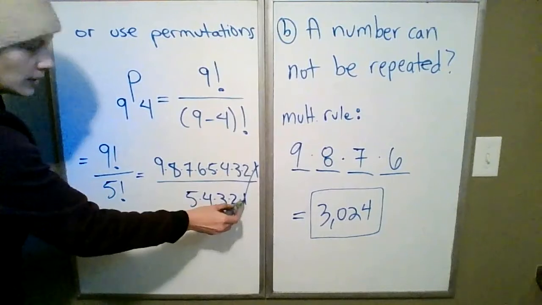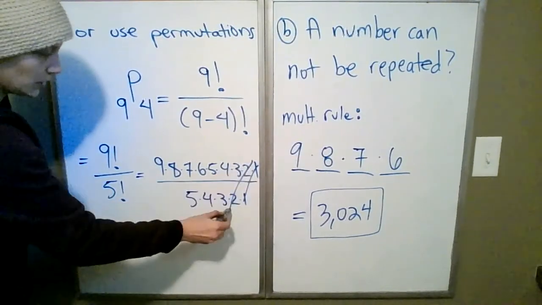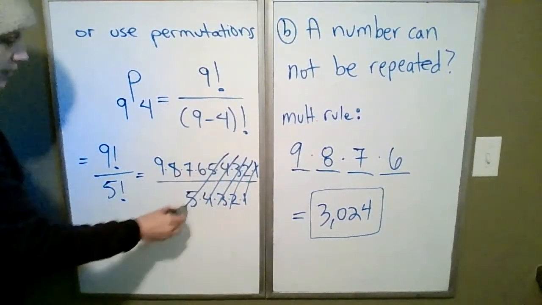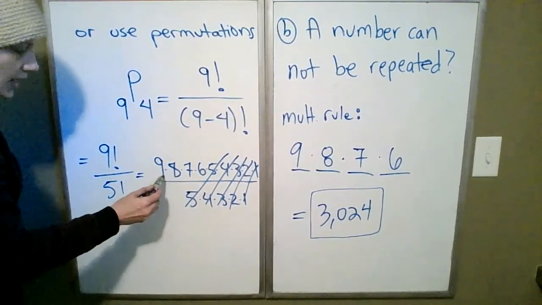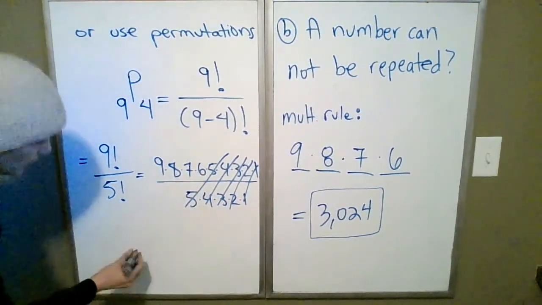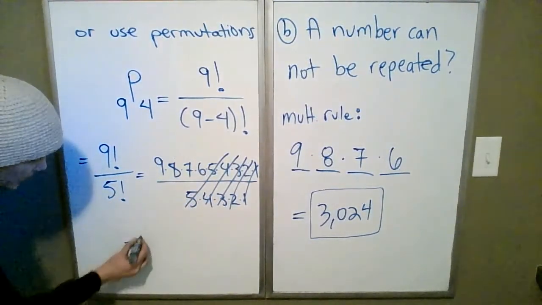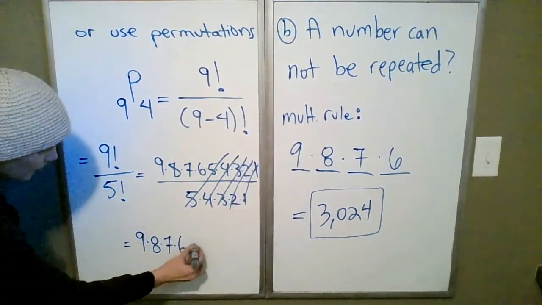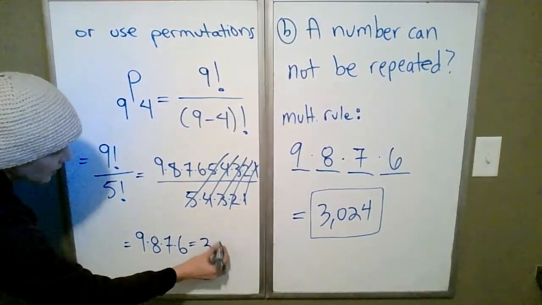And the 1 over 1 reduces to 1, same with 2 over 2, and 3 over 3, and 4 over 4, and 5 over 5. So what's left is that 9 times 8 times 7 times 6, like we thought through earlier. It's the same answer.